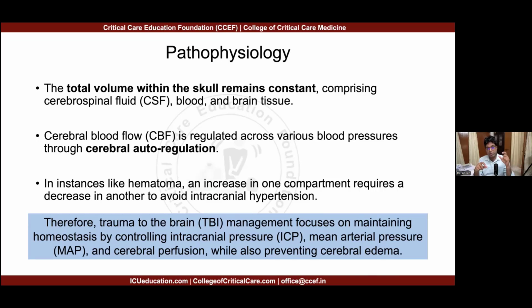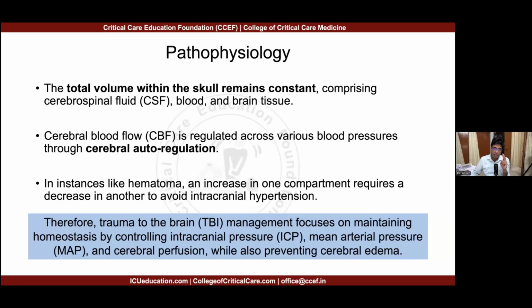That's why the perfusing pressure of the brain gets compromised, which leads to secondary injuries. So the whole of this session focuses on managing the intracranial pressure and mean arterial pressure, and preventing cerebral edema. Because if we prevent the cerebral edema and the raised intracranial pressure, we can maintain the cerebral perfusion pressure, and that's what our lecture is about.